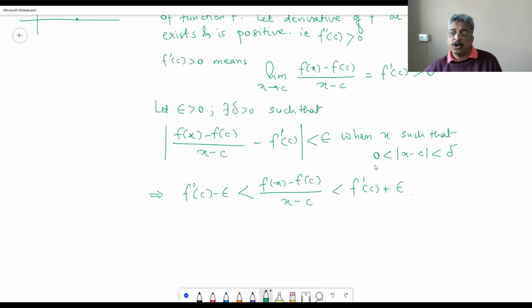That is for all the x within the delta, for every x belonging to c minus delta to c plus delta. This is the other meaning of this.